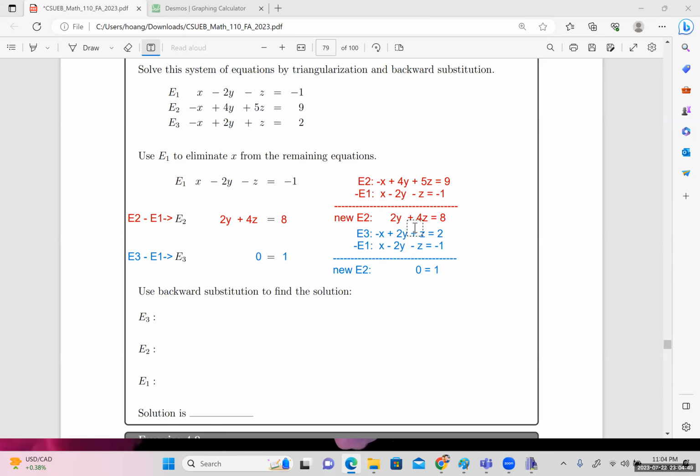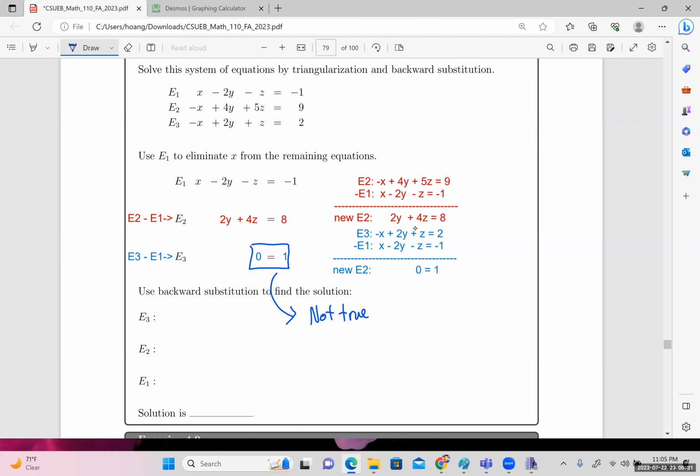Okay, so hopefully you did get to this step. After eliminating the x term in equation number 2, you come to eliminate the x term in equation 3. However, after doing it, you noted that all the left-hand side becomes 0, and the right-hand side, after adding, you get number 1. So you end up with the equation 0 equal to 1, which means no, it is not a true statement.